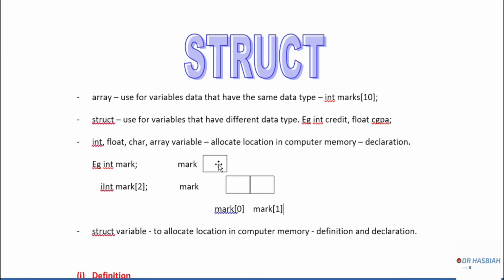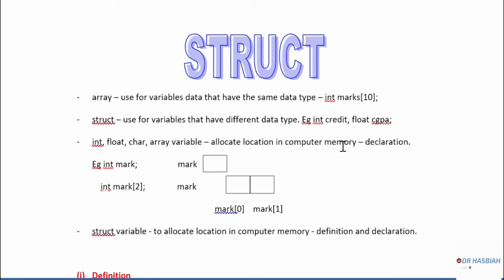For example, I declare here mark as integer. Once you do the declaration for any variable, you have to bear in mind that we allocate a location in our computer memory.